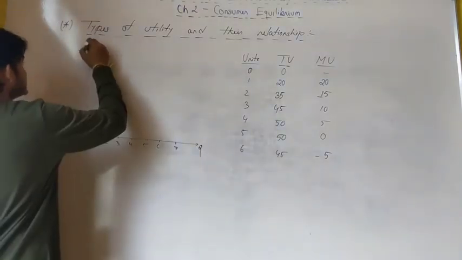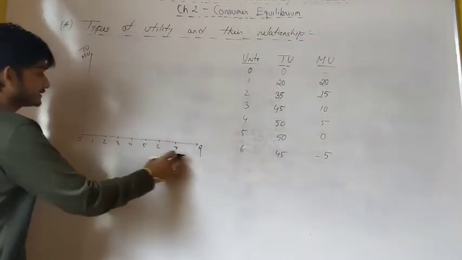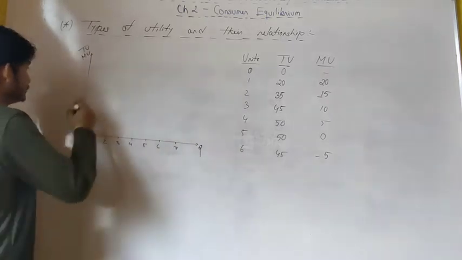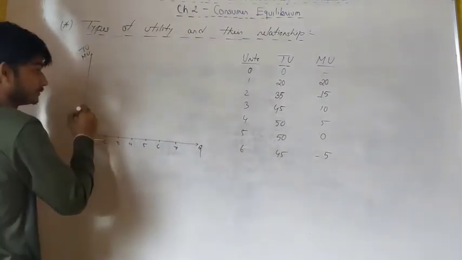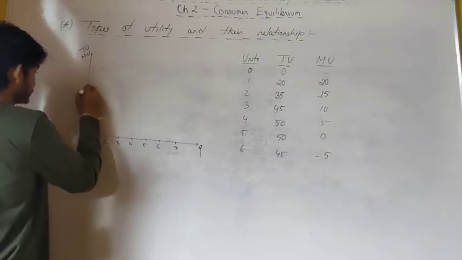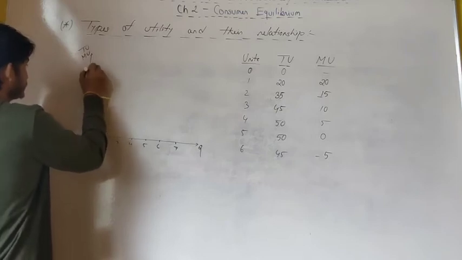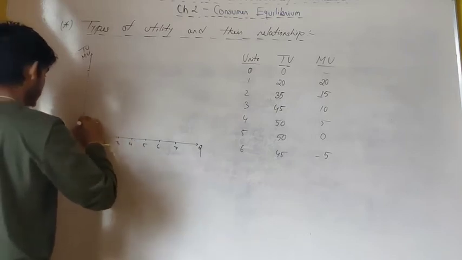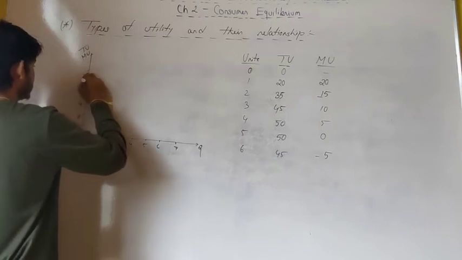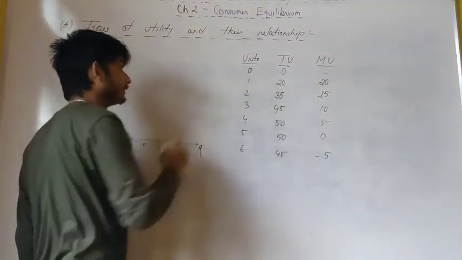In the vertical axis, I am measuring total utility and marginal utility, and in the horizontal axis, I am measuring units consumed, symbolized by Q. So for the first unit, it is 20.